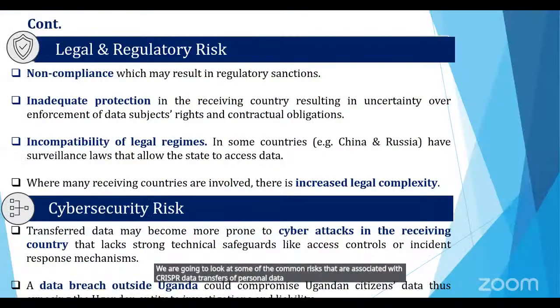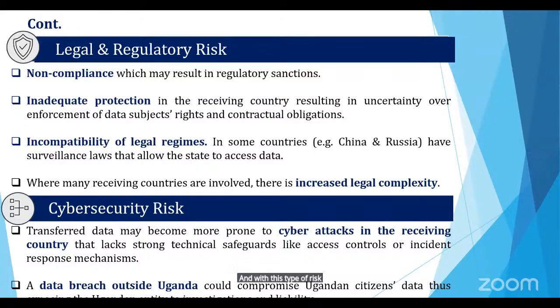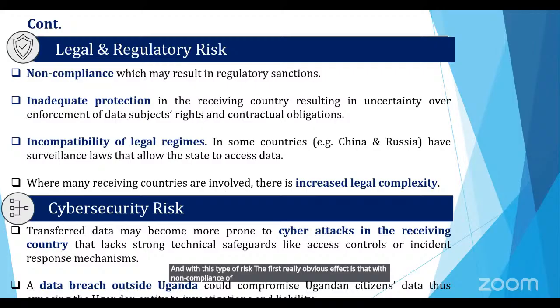So the first one that's of key importance is the legal and regulatory risk. And with this type of risk, the first really obvious effect is that with non-compliance of the legal provisions we've just seen in our laws, the entity may actually be subject to regulatory sanctions.